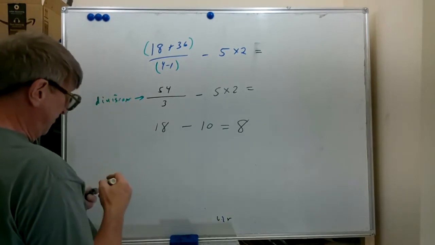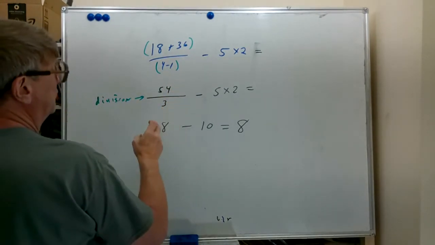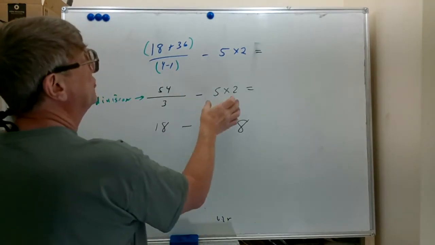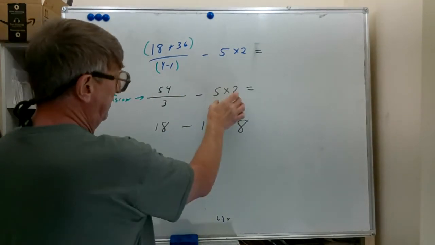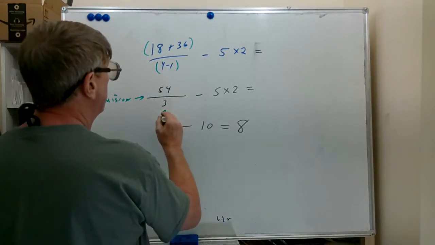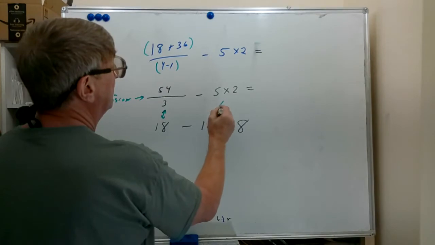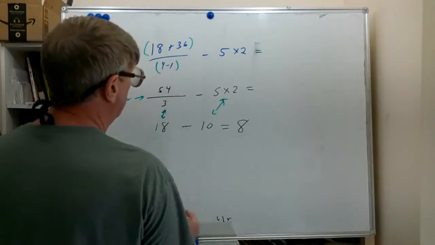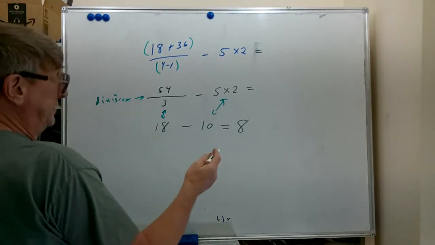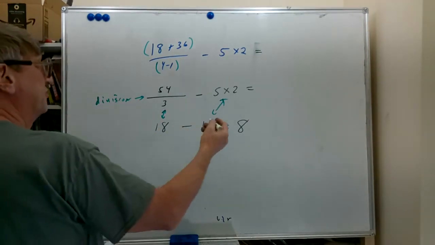That fraction bar is division always. So we did the 54 divided by 3. That's 18. And we also did the multiplication in the order we came to it. That was 10. I'm going to draw some arrows too. That was 54 divided by 3. This was 5 times 2. Now we only had subtraction left. If there had been an addition, we'd have done them left to right, but we only had subtraction. We ended up with 8.